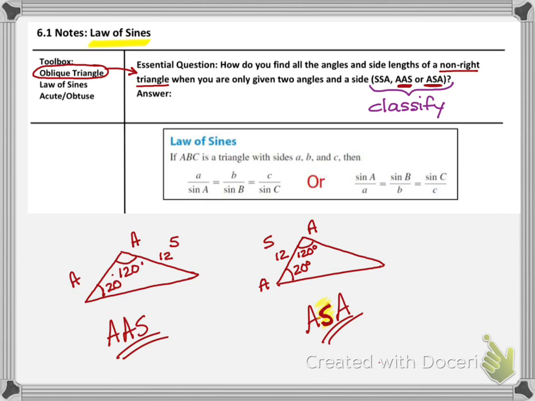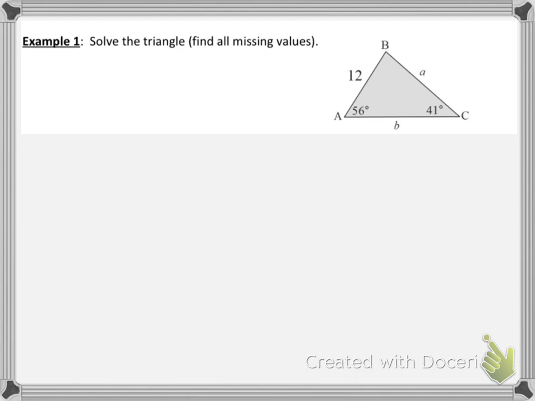So let's move on to the first example. So here's our first example. Example 1 wants us to solve the triangle and find all the missing values. So the first thing that I want you guys to do when you are solving a triangle is I need you to set up all the given information, okay? So let's do that.